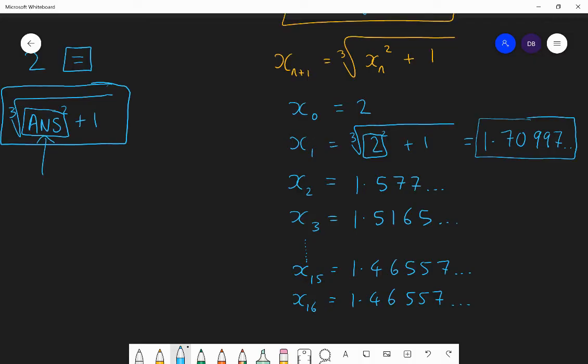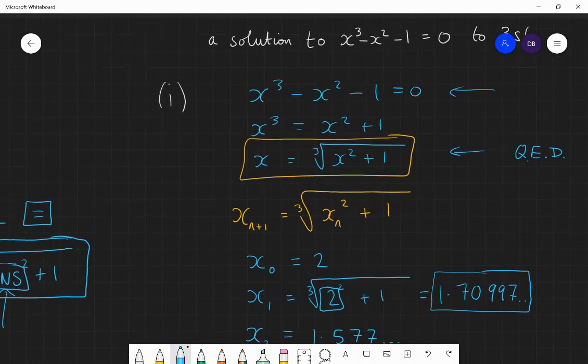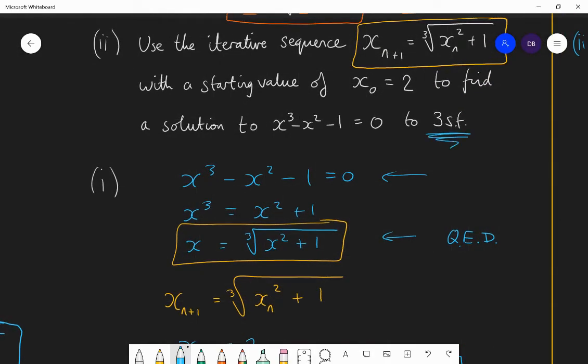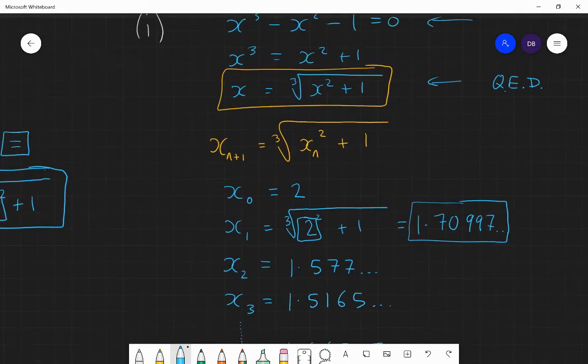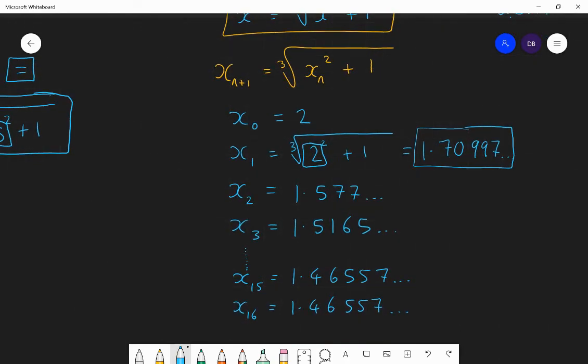All I want is the answer. It asks me for the answer to 3 significant figures. So I don't need this much accuracy. I just need a number which rounds to 3 significant figures. If I wanted to, I could use the sign change rule back to my original equation, where it equaled 0, and substitute values either side to check that my 3 significant figure answer worked.